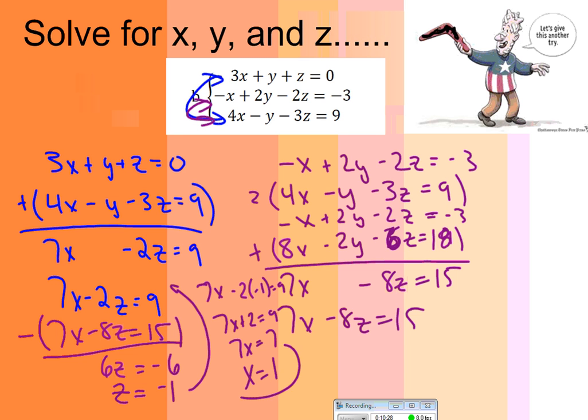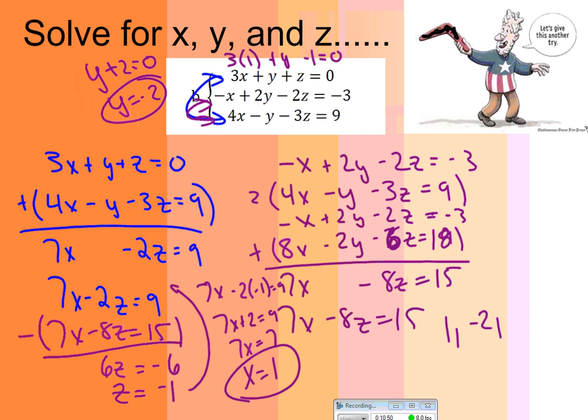So now I got 2 out of 3. Plug it back in, figure out the third one. So that'll be 3 times 1 plus y minus 1 equals 0. So 3 minus 1 is 2. So y plus 2 equals 0. So y equals -2. So my solution, x is 1, y -2, z -1.